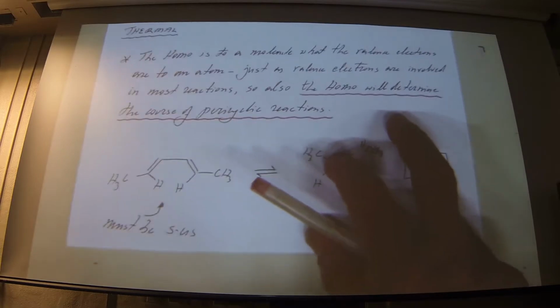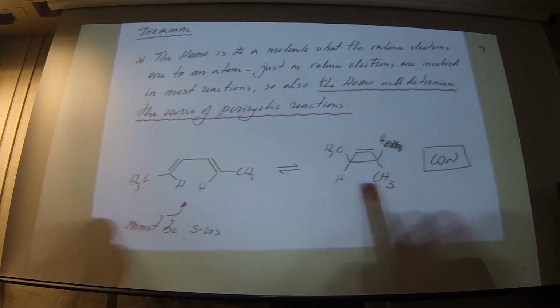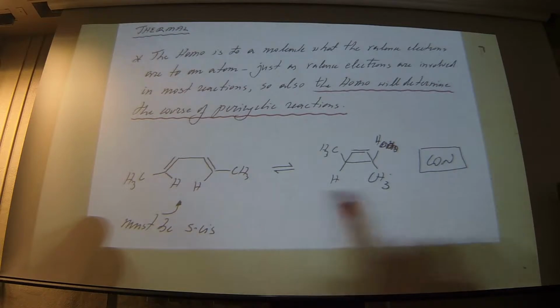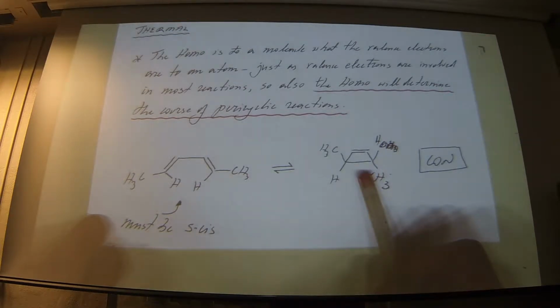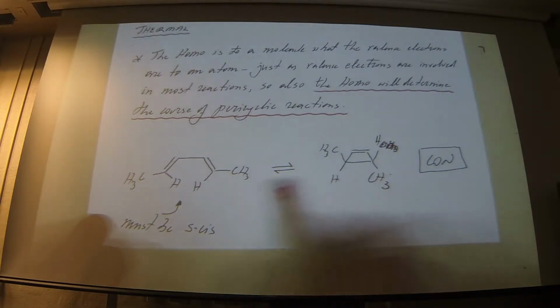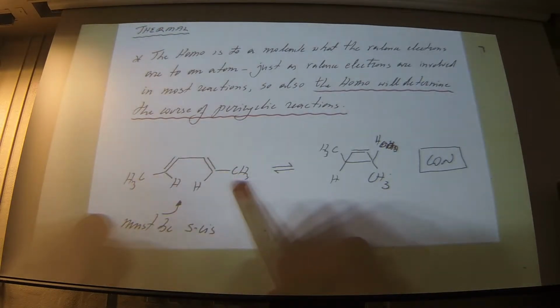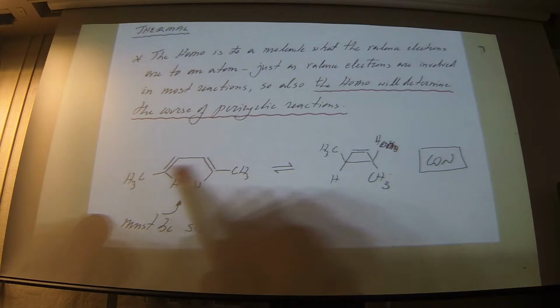Now, the example I gave you last time was this one, where I take a dimethyl cyclobutene, in this case, and I heat it up. And it turns out the equilibrium lies to the left for reasons that you can easily understand. The cyclobutene itself is strained, and the butadiene here, or if you will, it's a dimethyl butadiene, you can think of it as a hexadiene, is not.